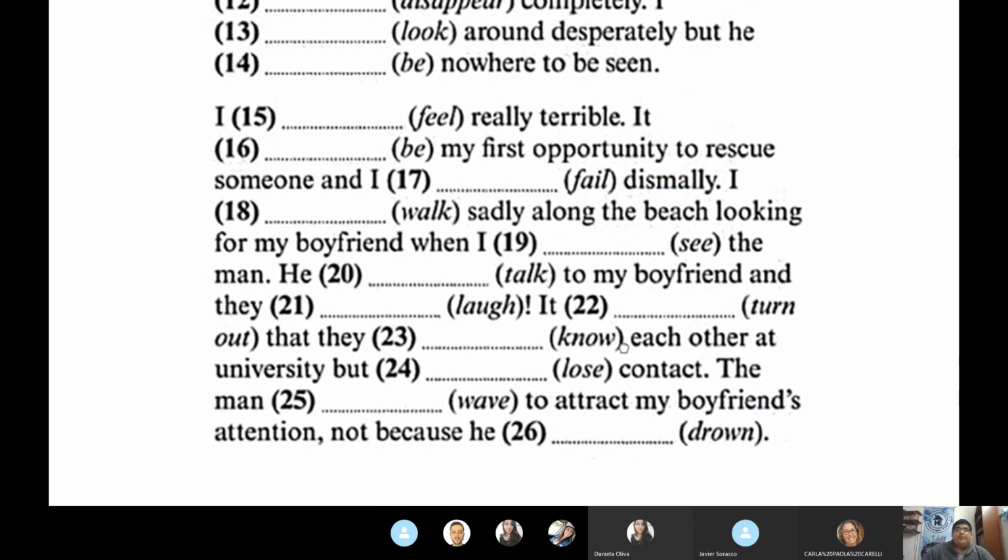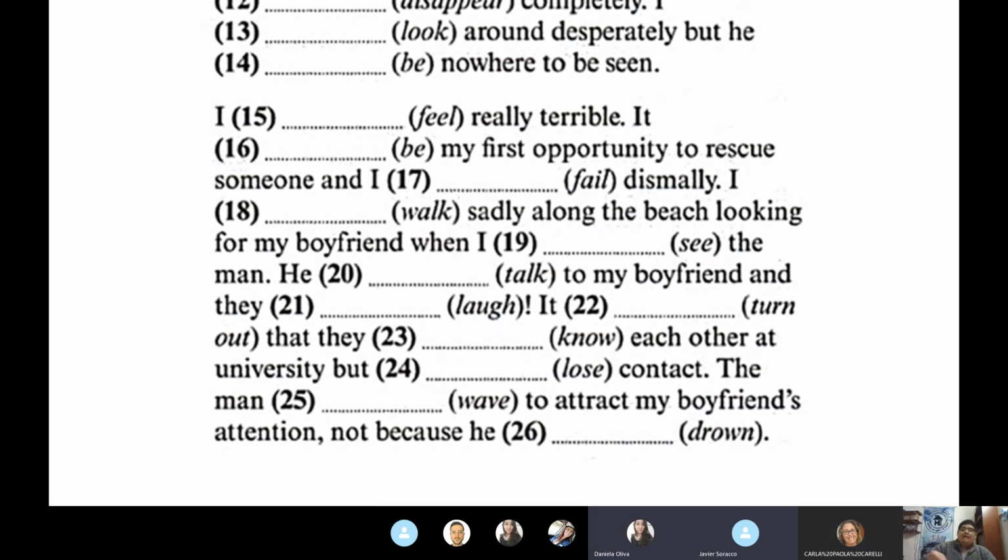The next one. I felt really terrible. It was my first opportunity to rescue someone, and I had failed.